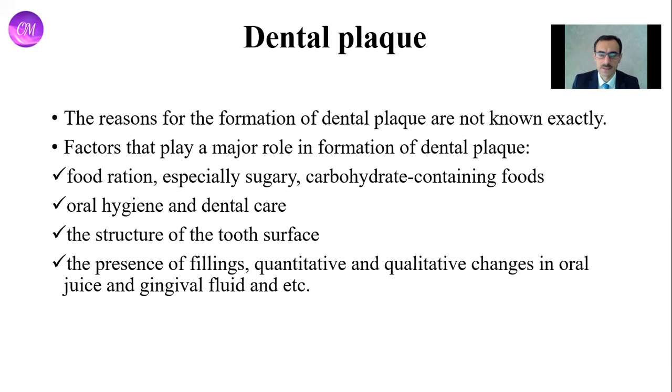There are some factors that play a major role in the formation of dental plaque. These are food ration, especially sugary, carbohydrate-containing foods, oral hygiene and dental care, the structure of the tooth surface, the presence of fillings, quantitative and qualitative change in oral juice and gingival fluid, and etc.